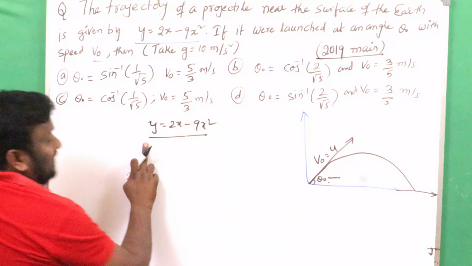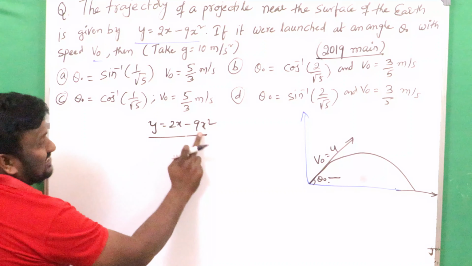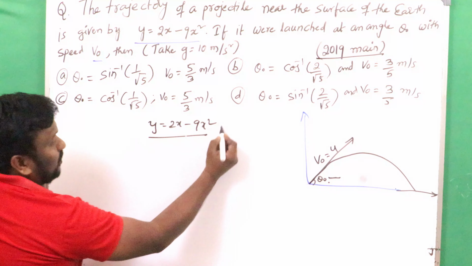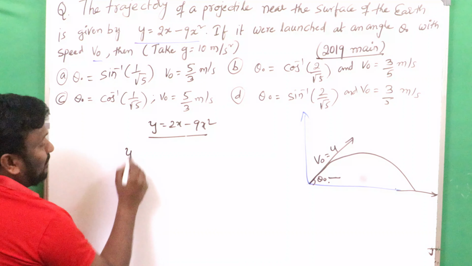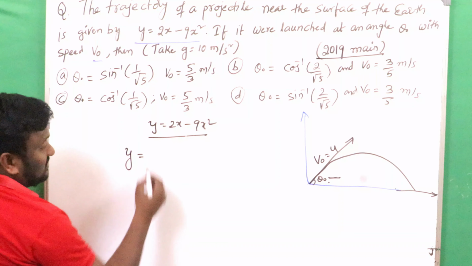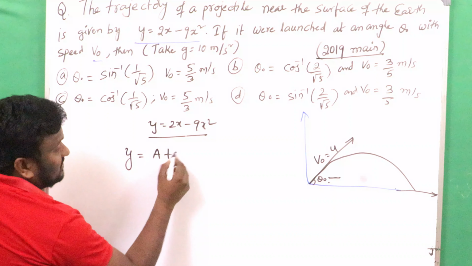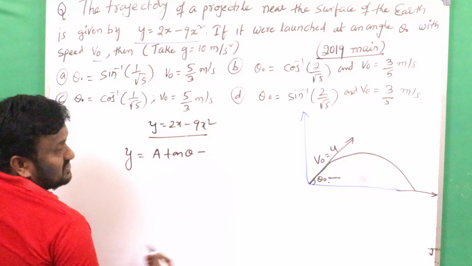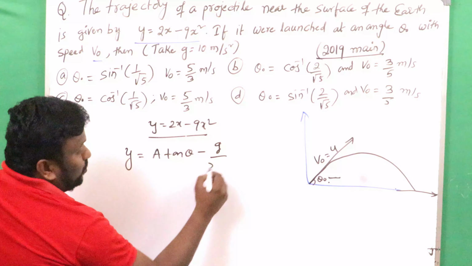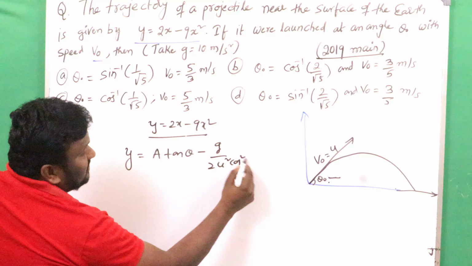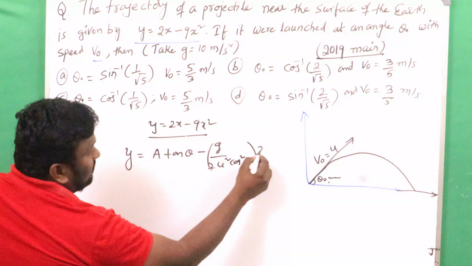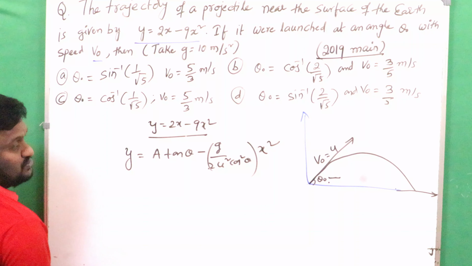Okay? So y equals 2x minus 9x square. We have to compare this equation with the parabolic equation of a projectile, that is y equals x tan theta minus g by 2u square cos square theta times x square. That is the formula we are going to use.